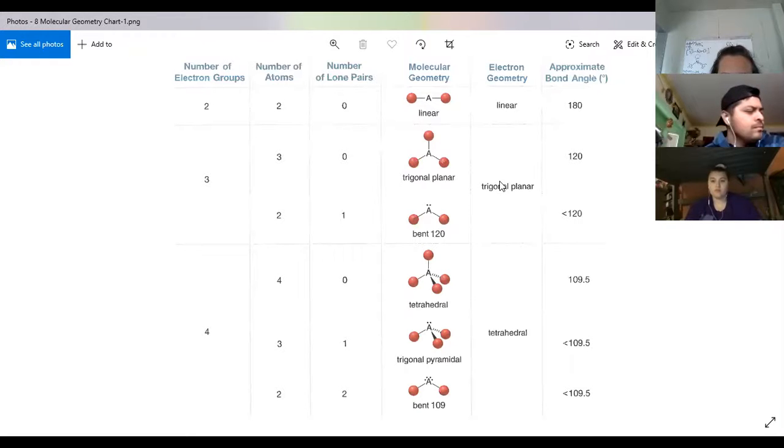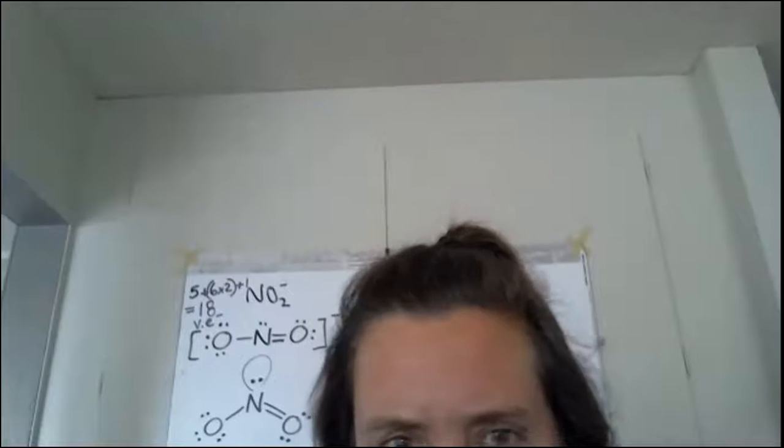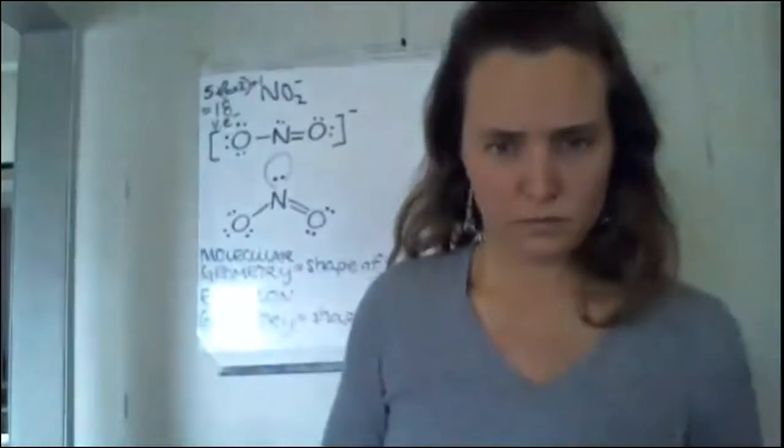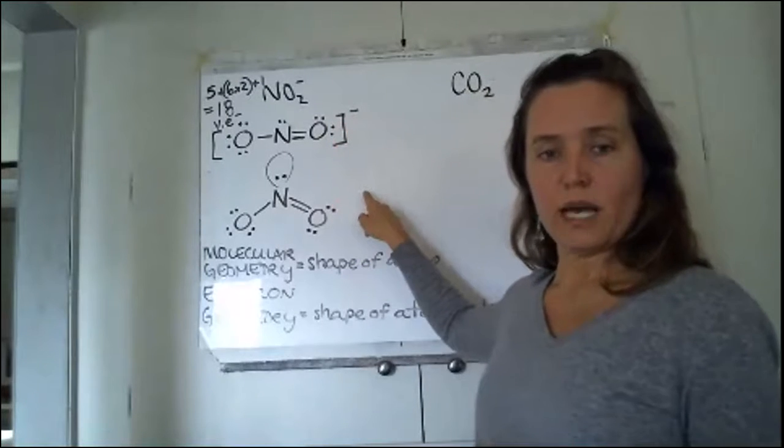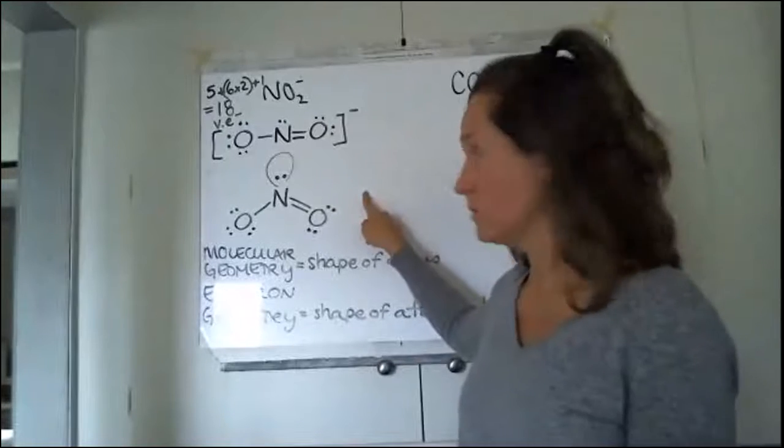It's called trigonal planar for the electron geometry because there's still 3 groups attached. And so for this one, it is molecular, bent 120.